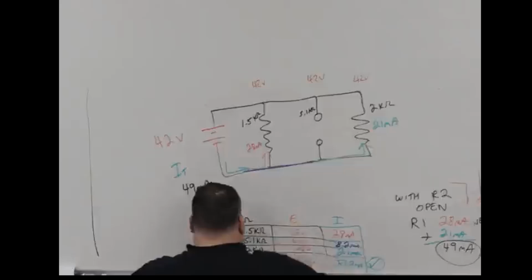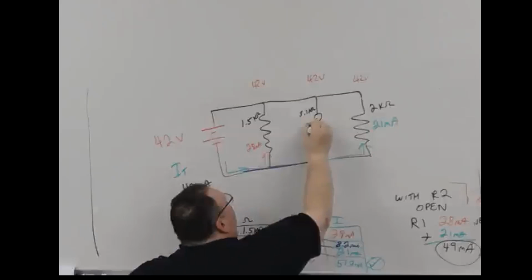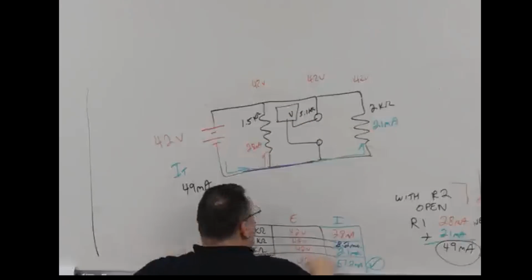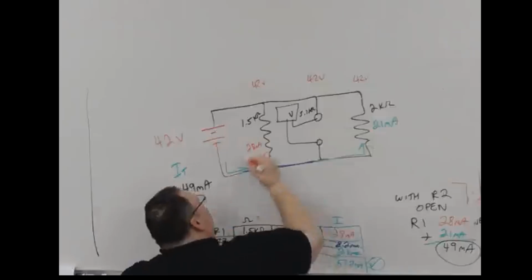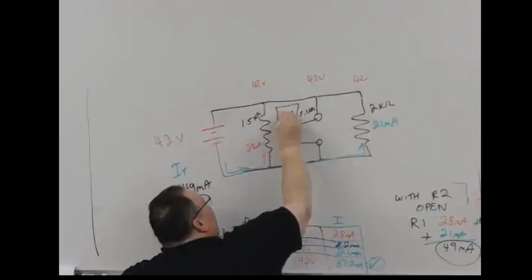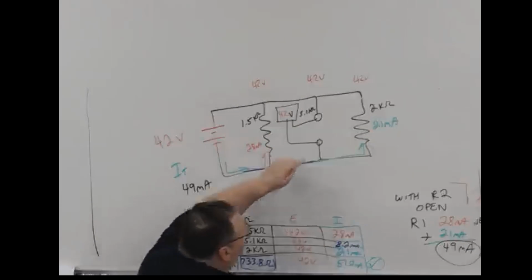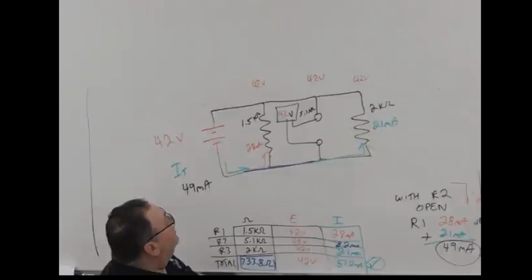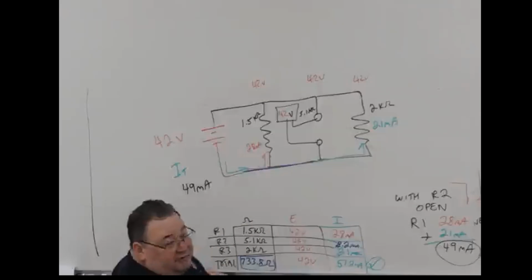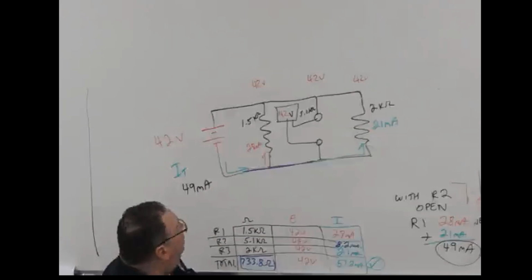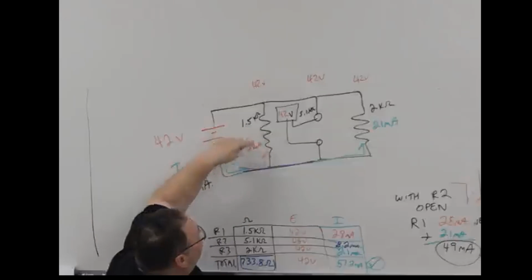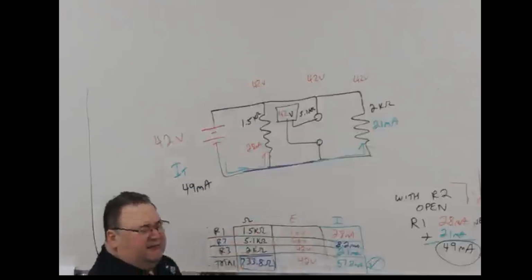If I put my voltmeter here, what am I going to get for voltage? 42 volts. The voltage across an open is the applied voltage. I have no current flow, but I still have potential voltage. I'm going to have 42 on these as well because my resistor is dropping that voltage.